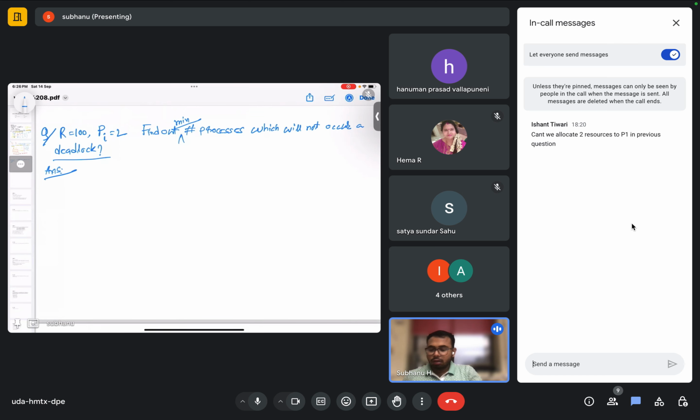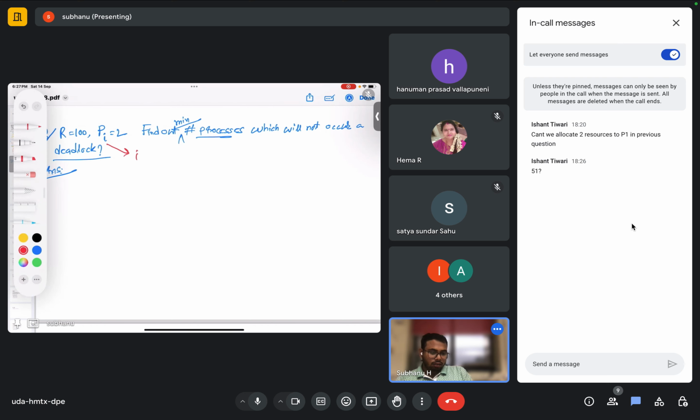Can anyone try to answer this question and write the answer in chat? No, not 51. You have R equal to 100 resources, and your goal is to find this number of processes.